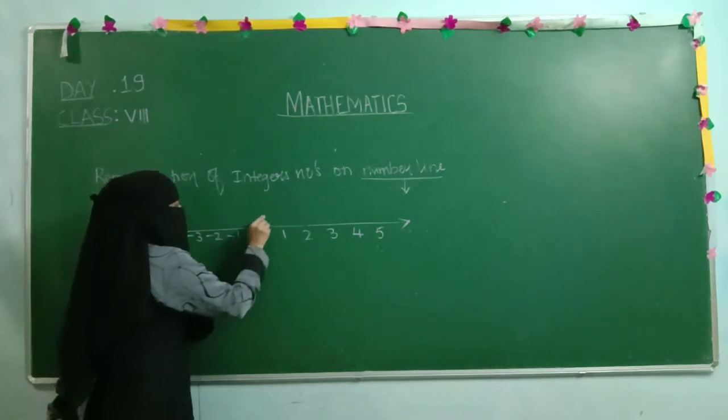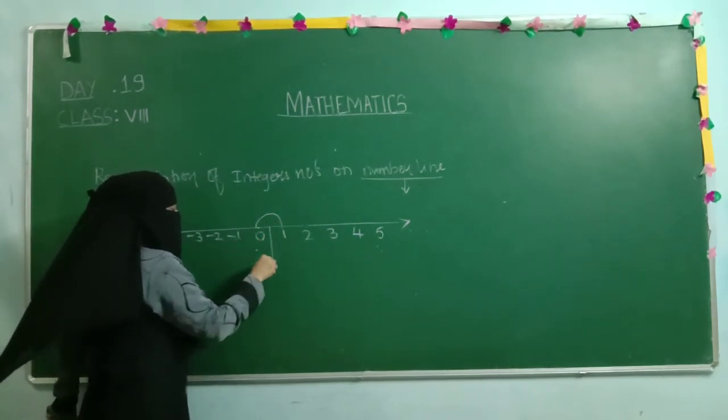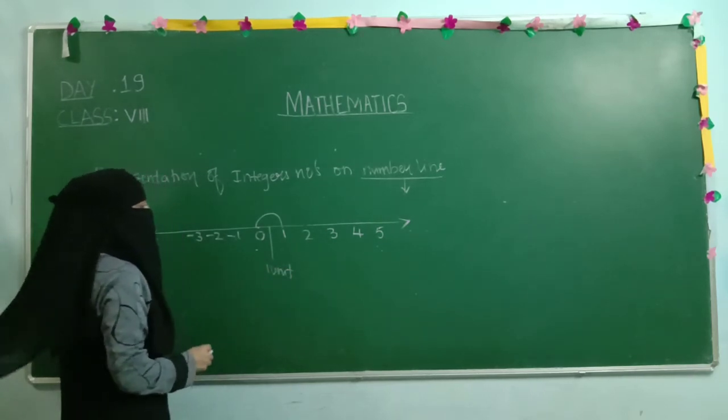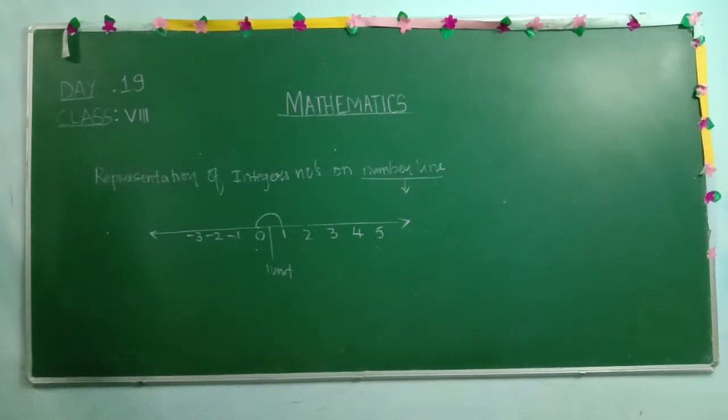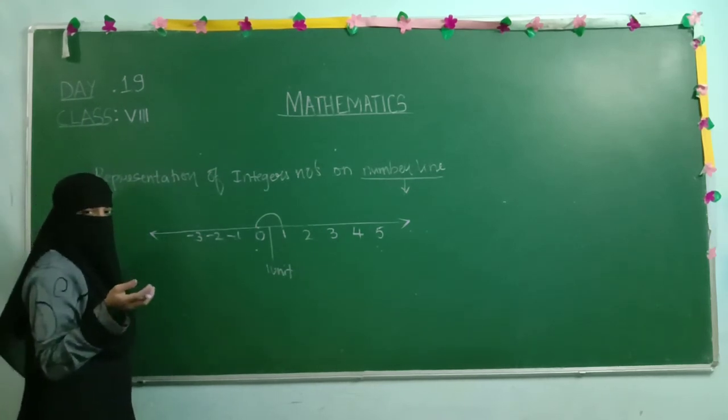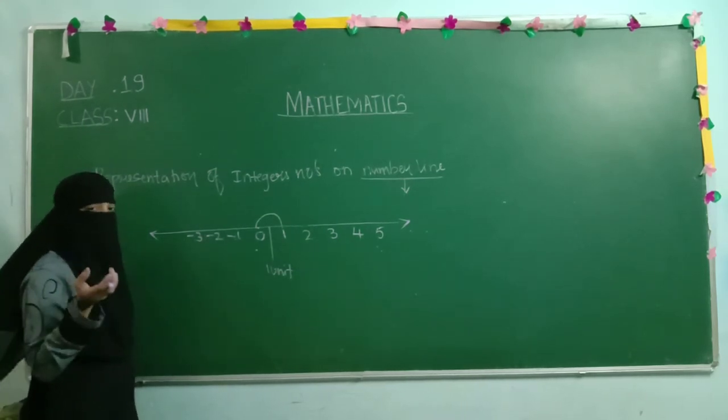And from 0 to 1, this is considered as 1 unit. On your scale also you have measurements, given in centimeters. It starts from 0 to 15 centimeters, 0 to 10 centimeters, 0 to 30 centimeters scales.